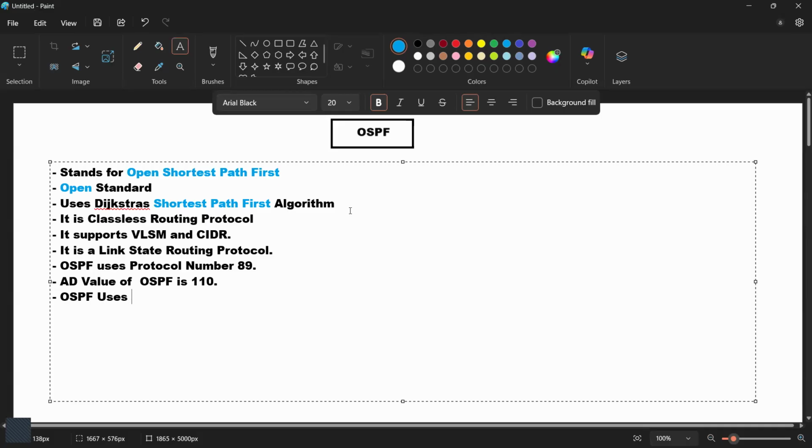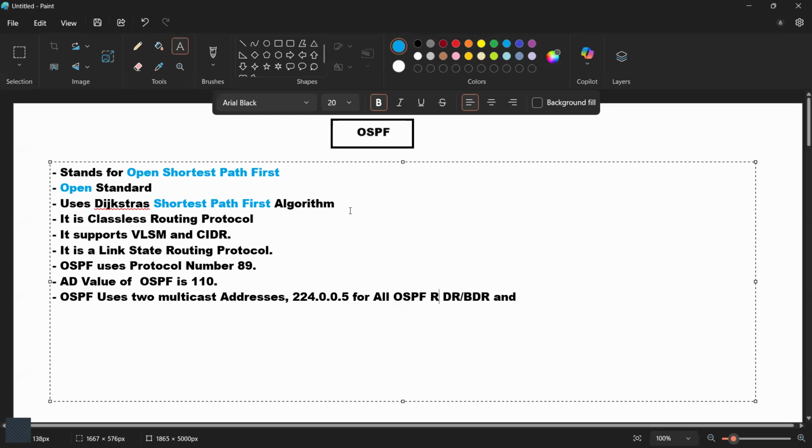OSPF uses two multicast addresses. Okay. Two multicast addresses. Number one, 224.0.0.5, which is for DR and BDR. And oh yes, sorry. This one is for all. No problem. Next.